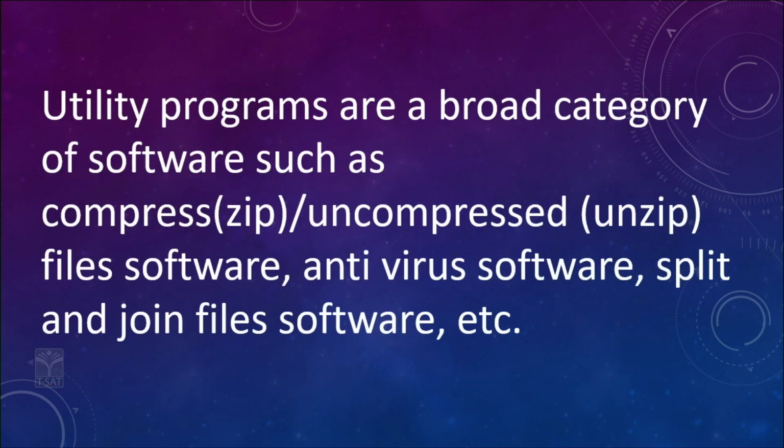Now, the next one is utility. What is a utility program? Utility programs are a broad category of software such as compress and uncompress. When you look at the computer, you have zip files. These zip files are simply called utility programs.